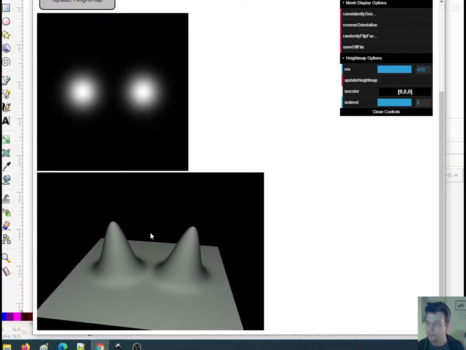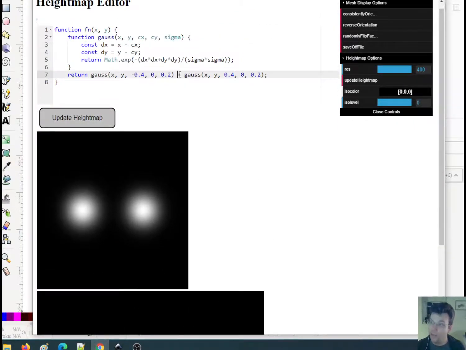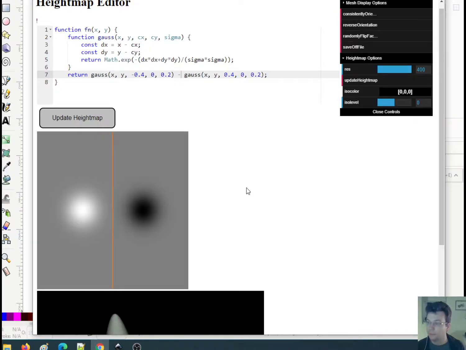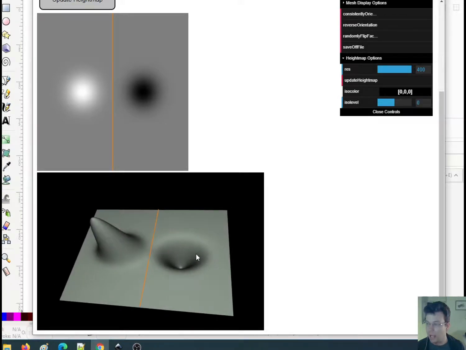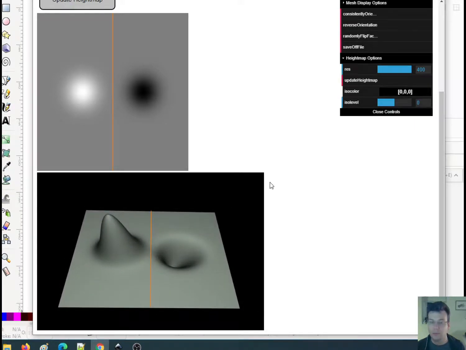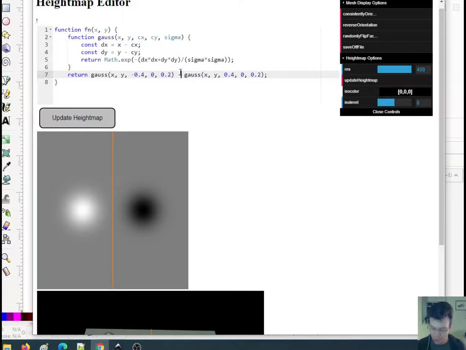Okay. I can also make one of them a valley if I subtract like this. So now it's a valley. It's pretty cool. I can also make the other one a mountain, but make it shorter. So I'll say 0.5 times the Gaussian there.